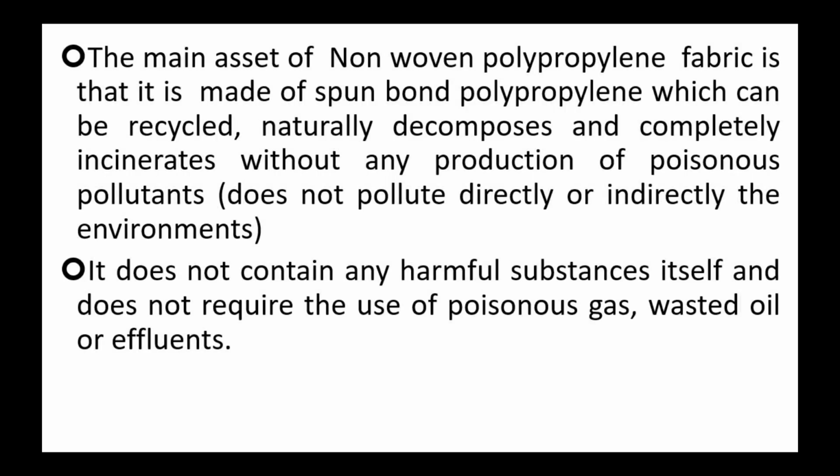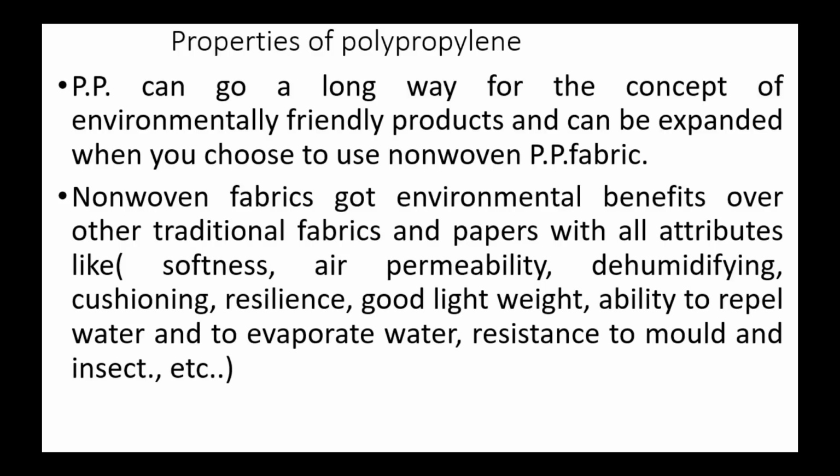So fiber selection for any product development should be taken with utmost care, such that it can be recycled, it should get naturally decomposed, and it should not pollute the atmosphere during decomposition. Polypropylene serves all three purposes, and it does not contain any harmful substances itself, and does not require the use of poisonous gases, wasted oil, or effluents to dispose of it. Then it goes a long way toward environmentally eco-friendly products.